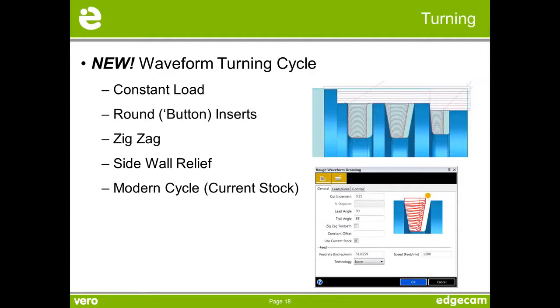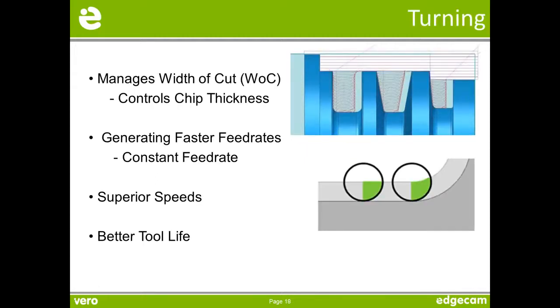At the moment this is supported on round inserts, so it could be a grooving tool but with equal radiuses on it, or of course on a button tool, and of course it adopts a lot of the favourites that we see in normal roughing, in normal turning cycles, the use of lead and lag angles, and also current stock, lead in and lead out. So again, some firm favourites in there.